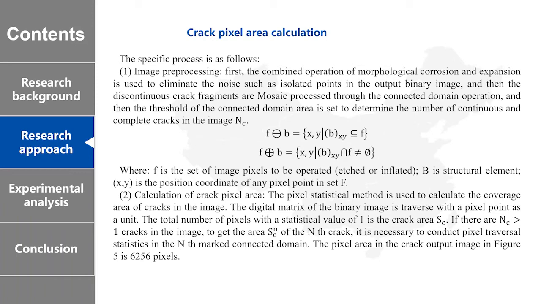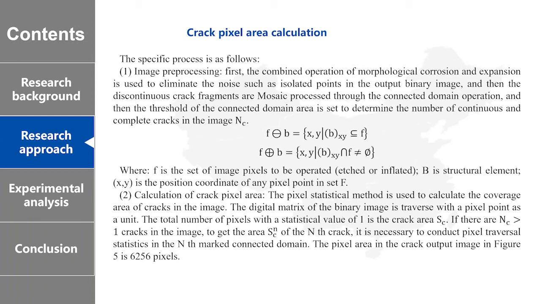Image processing first combines the morphological operations of erosion and dilation to eliminate noise, such as isolated points in the output binary image, and then the discontinuous crack fragments are connected through the connected domain operation.